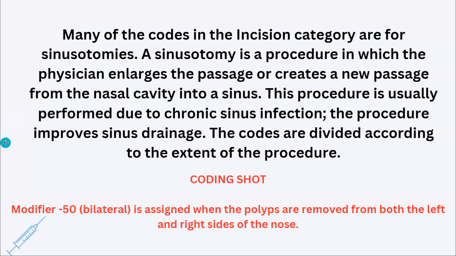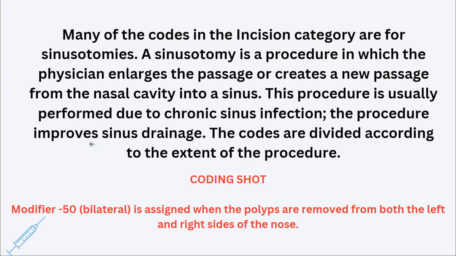Many of the codes in the incision category are for sinusotomies. A sinusotomy is a procedure in which the physician enlarges the passage or creates a new passage from the nasal cavity into a sinus. This procedure is usually performed due to chronic sinus infection. The procedure improves sinus drainage.